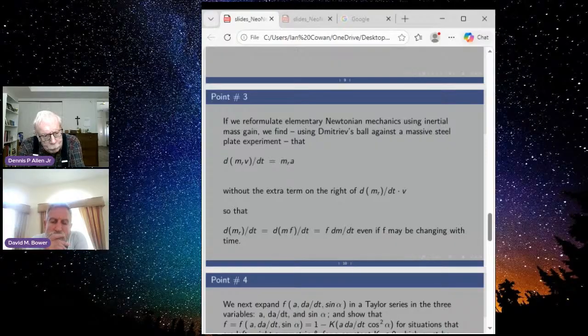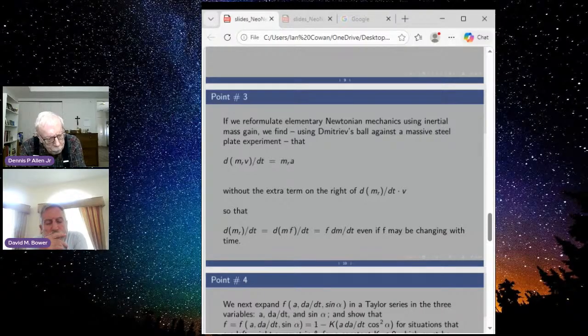That's why I have to call it the pseudo mass, because it doesn't behave like ordinary inertial mass, where, according to Newton's equation, the time derivative of the momentum is force, ma plus dm/dt times v.